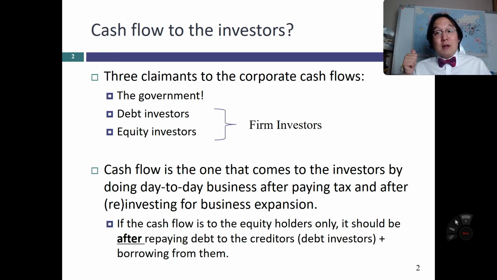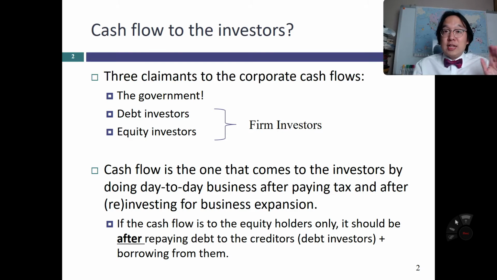If you don't pay taxes to the government, big trouble happens to you. Once the IRS comes to your company, you'll essentially have to stop doing your day-to-day business. You're gone. So you first have to pay taxes and say bye-bye to the government, right?